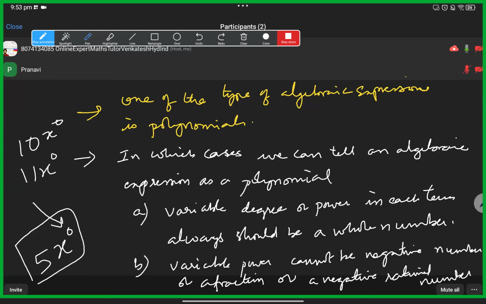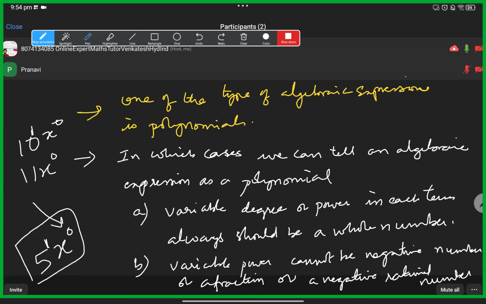The degree of the constant polynomial is 0, because for degree we have to check the variable power only, not the number power. 5 power 1 we cannot check; 10 power 1 is not the degree. The degree of a polynomial means always the variable power only. The highest power of the variable present in the given polynomial is the degree of the polynomial.